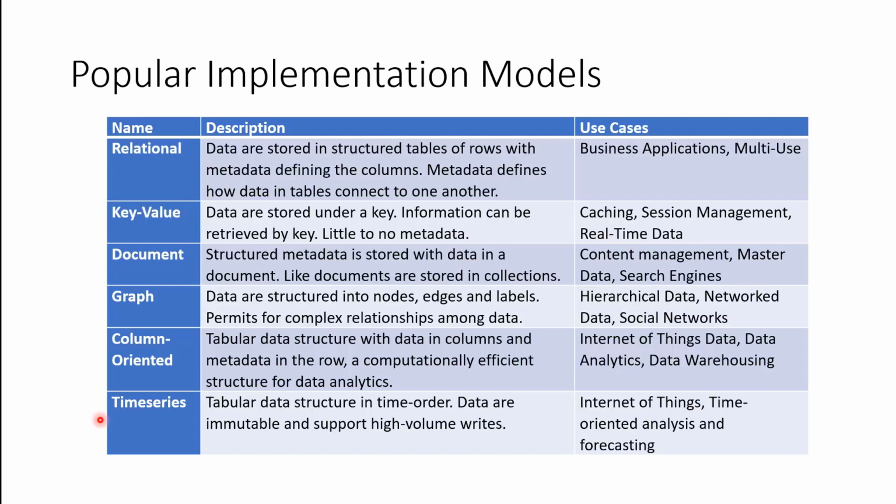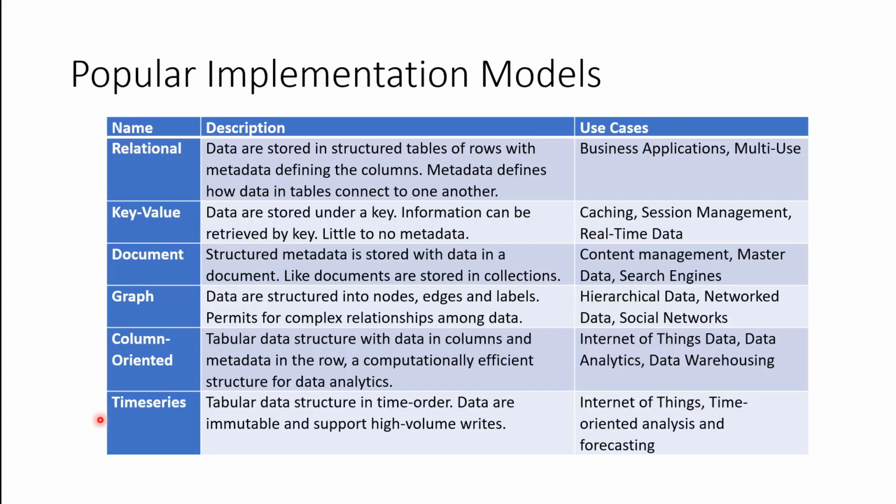Last in this list is time series, and time series is very similar to column-oriented, except the data is written over time. Every single piece of data that's written has a timestamp, and the timestamps are immutable, which means we cannot go back and change something that was already written.